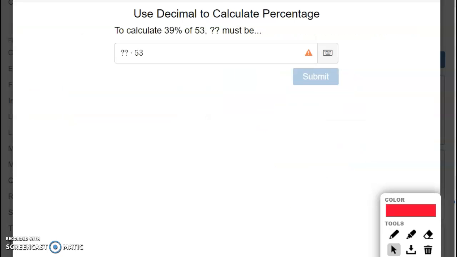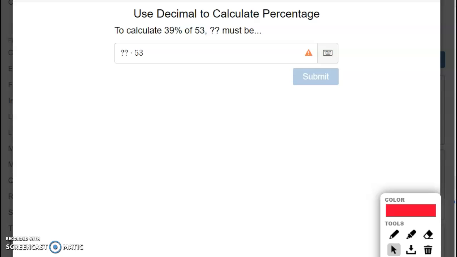Okay, now to calculate 39% of 53, the question mark should be... now whenever you're using percentage in your calculations, you always need to convert 39% percentage into decimal. So we need to convert percent to decimal. How do I do that?